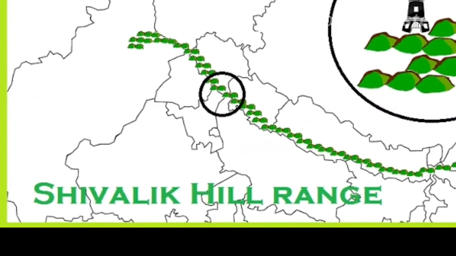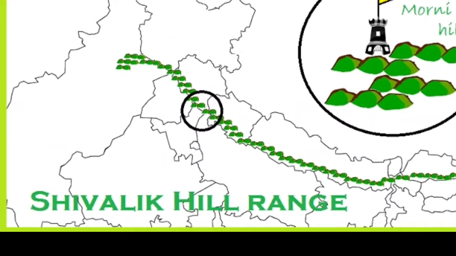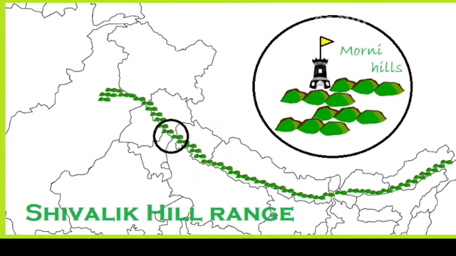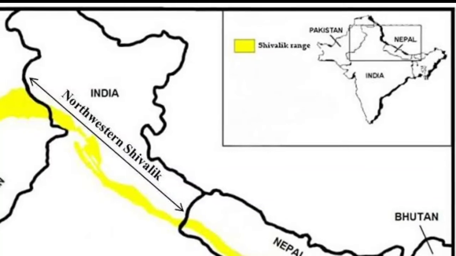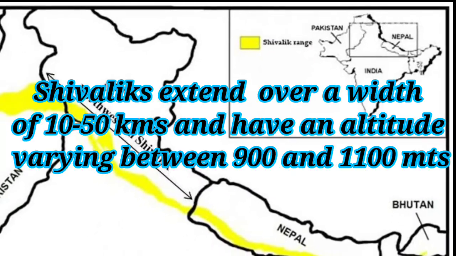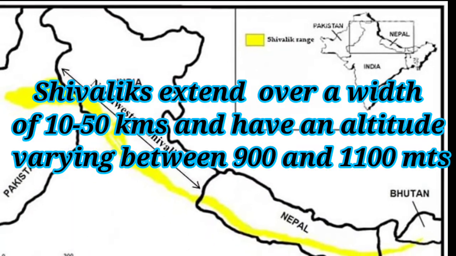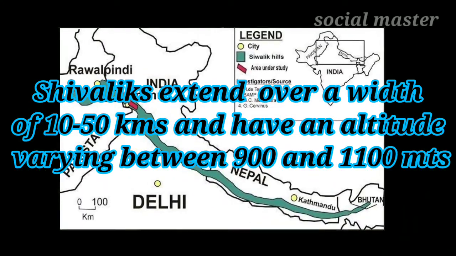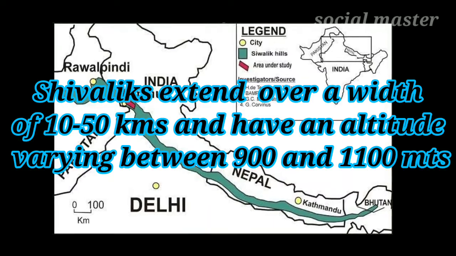The next, the southernmost range of the Himalayas, the third one, is called Shivaliks. These Shivaliks extend over a width of 10 to 50 kilometers. The altitudinal variations are between 900 and 1100 meters.